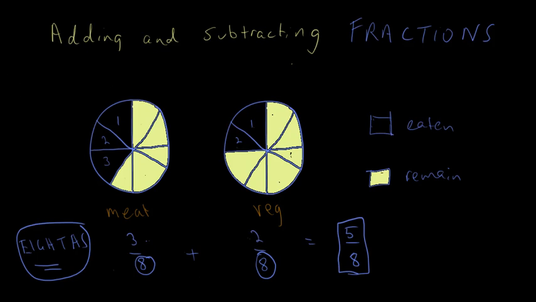Just remember the definitions. These numbers on top are the numerators, and these numbers on the bottom are the denominators. So when the denominators are the same, we've got 8 pieces here, we've got 8 pieces here. It's easy to do adding and subtracting the fractions.